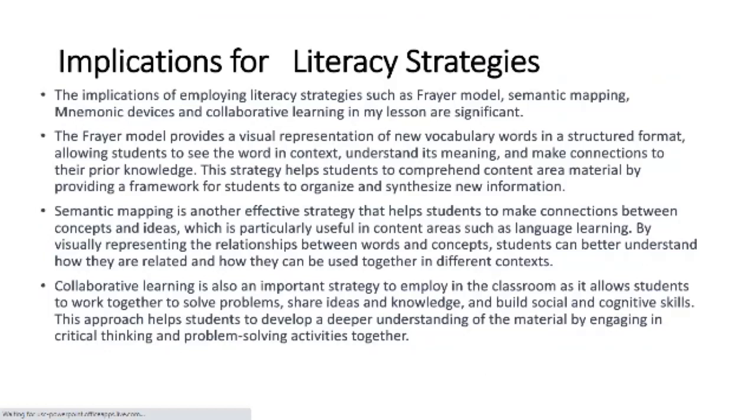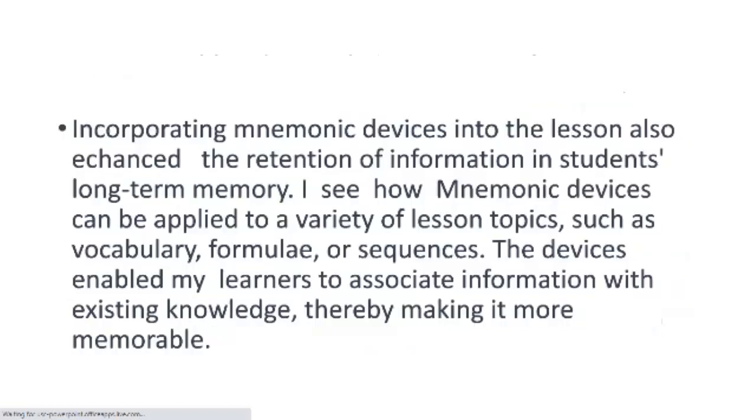I think semantic mapping was another effective strategy to help students make connections between concepts and ideas, which was particularly useful in content areas such as language learning. Collaborative learning was also important as it was employed in my class and allowed students to work together to solve problems, share ideas and knowledge, and build social and cognitive skills. Incorporating mnemonic devices also enhanced the retention of information in students' long-term memory.